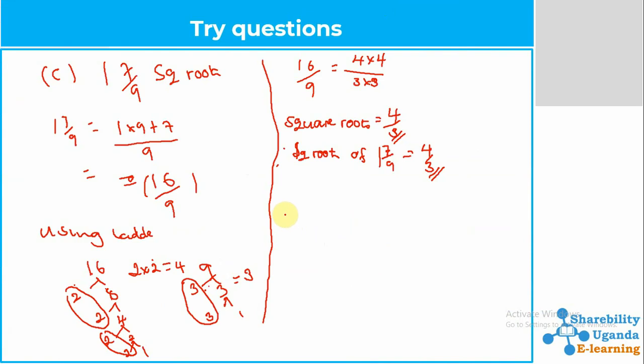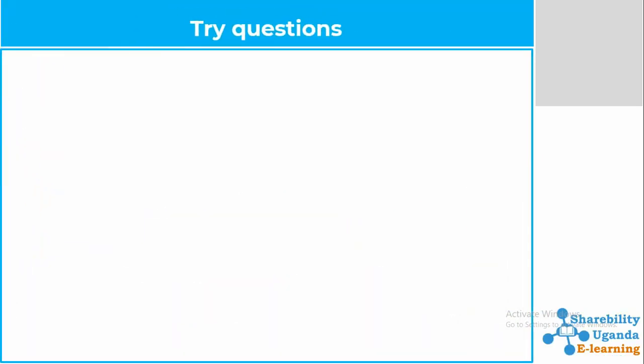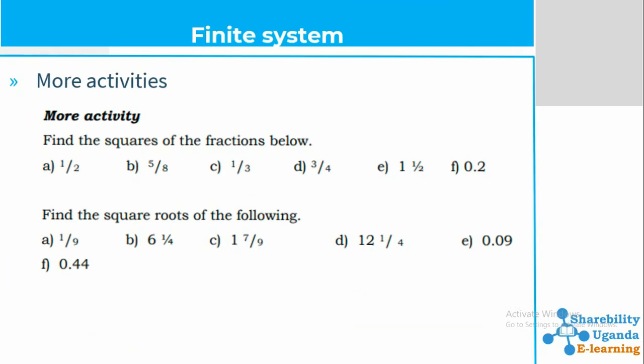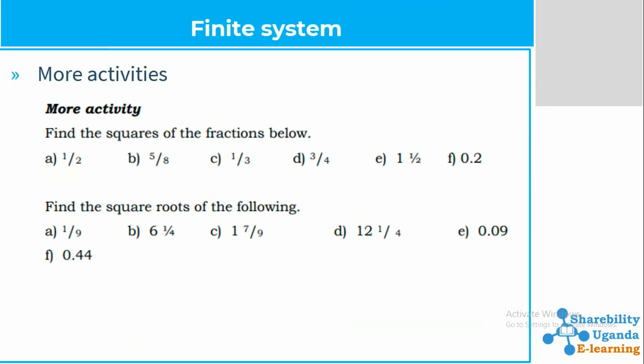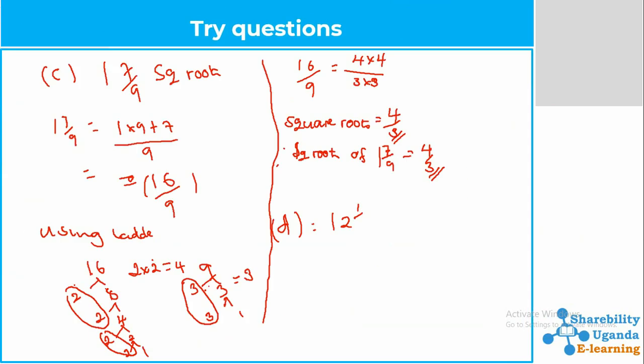We are going to look at our part D, and our part D is equal to 12 whole number 1 out of 4. So we can also still use the same method here.